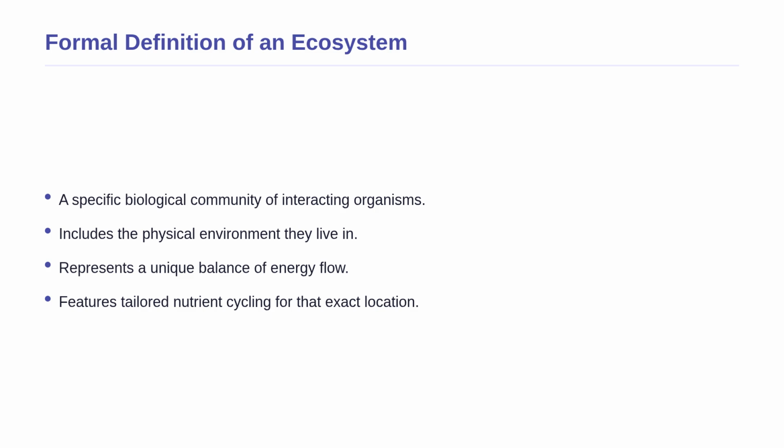Every single type of ecosystem represents a unique balance of energy flow and nutrient cycling. This balance is tailored specifically to the physical constraints of that exact location, meaning the rules of survival change depending on where you are on the planet.